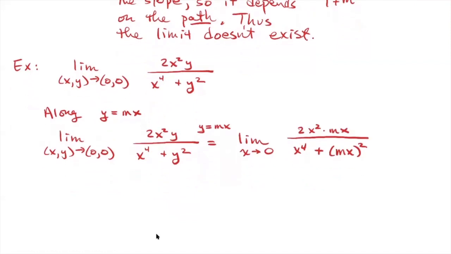Now this is just a function of one variable, so we can continue as x goes to 0. Let's clean that up: 2m x to the 3rd over x to the 4th plus m squared x squared.